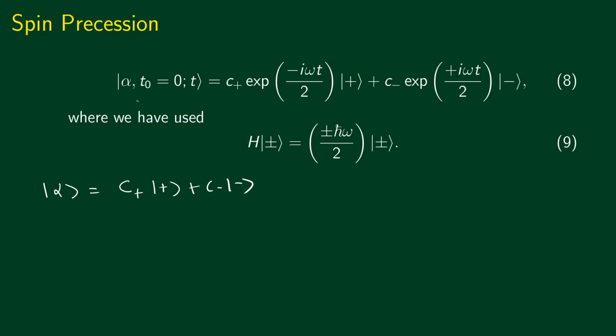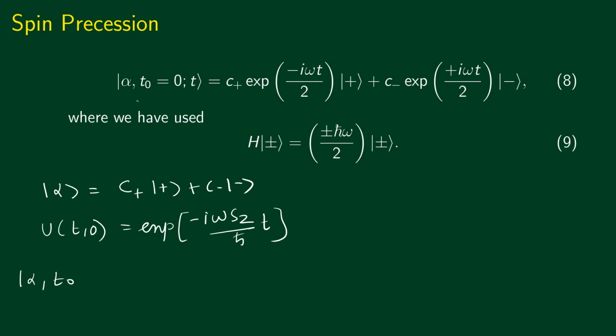We said that the time evolution operator has the form U(t, 0) equal to exponential of minus i omega Sz divided by h bar multiplied by t. And we found the state at any later time t, ket alpha, t0 equal to 0, at a later time t, is equal to U(t, 0) acting on ket alpha.